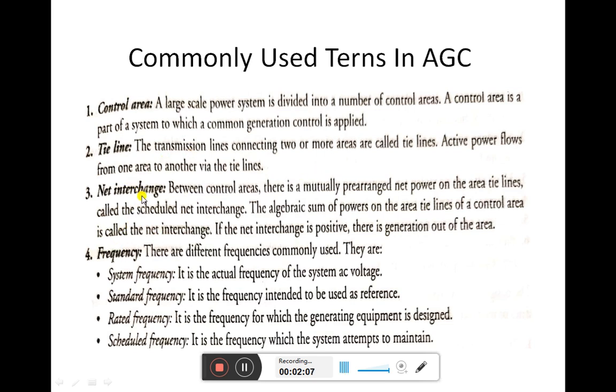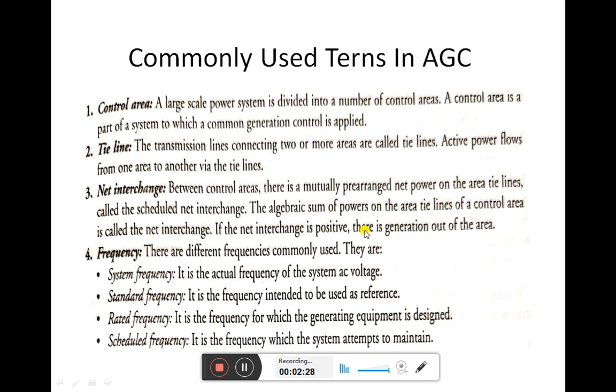Then net interchange. The mutually prearranged net power on the area tie lines between the control areas is called the scheduled net interchange. That means suppose there are two neighboring areas connected by tie lines.